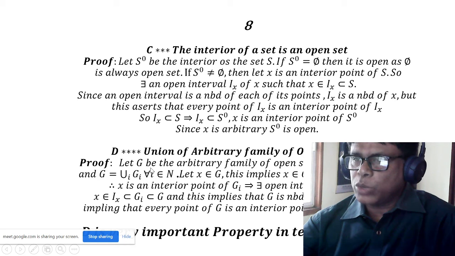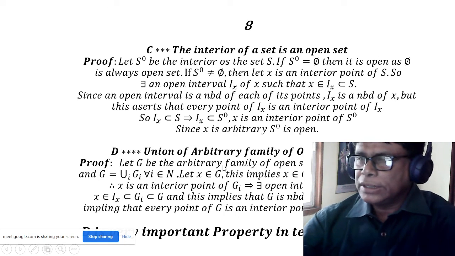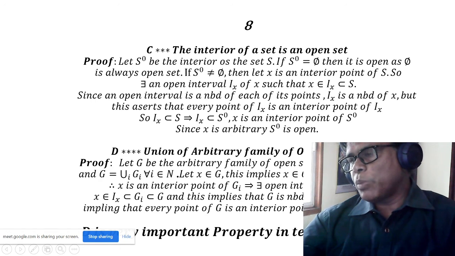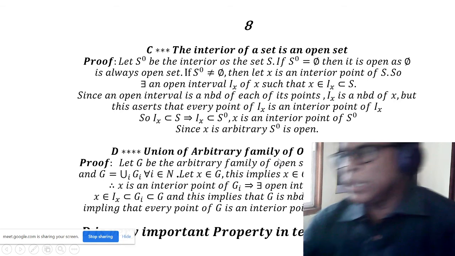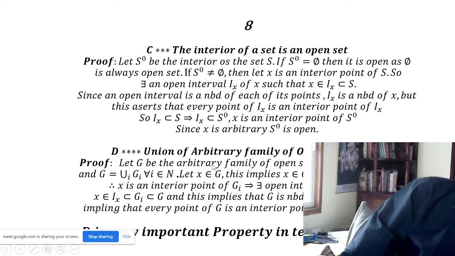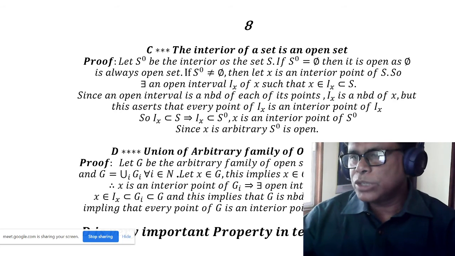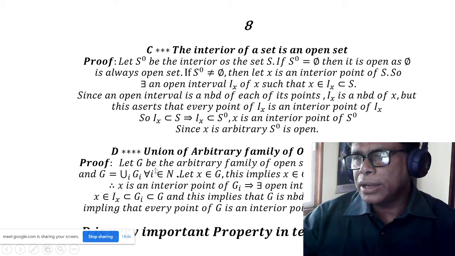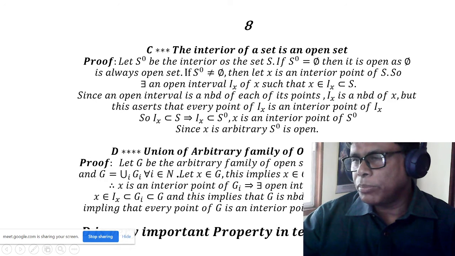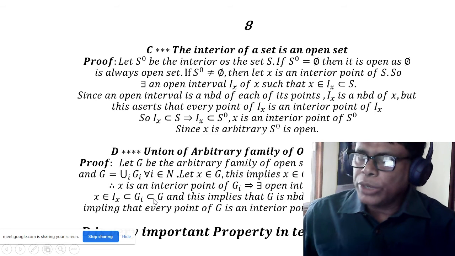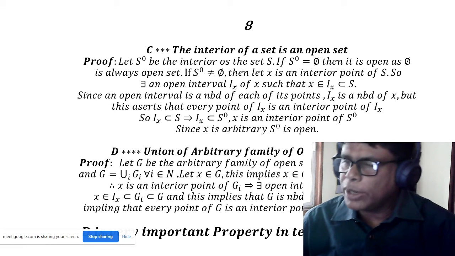Now the next one, D, a very important condition: the union of an arbitrary family of open sets is open. This is very important because in the sixth semester this will be treated as a very important property of a topological space. Now, union of an arbitrary family of open sets.